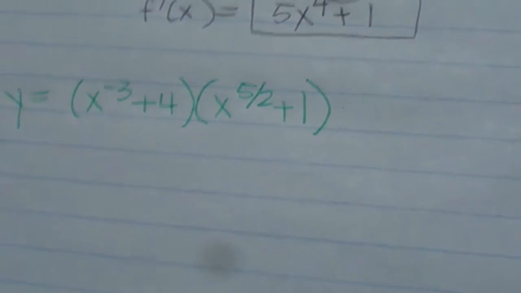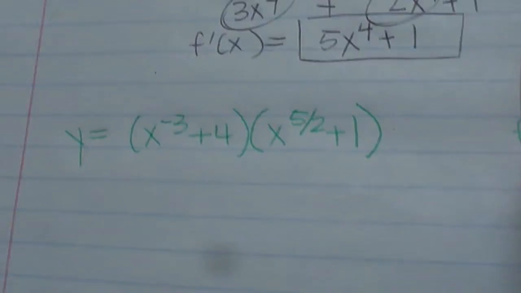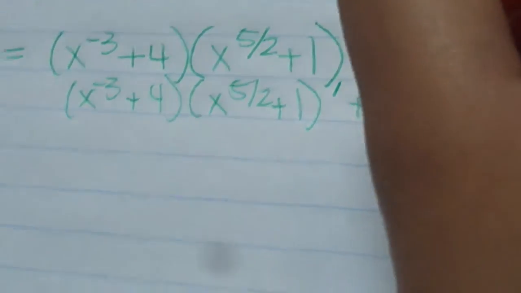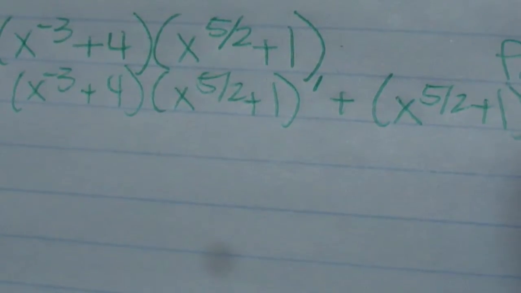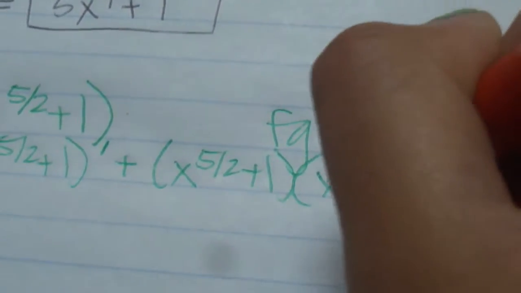And here you use the same rule, so you take the first function times the derivative of the second, and then you add it to the second function times the derivative of the first.